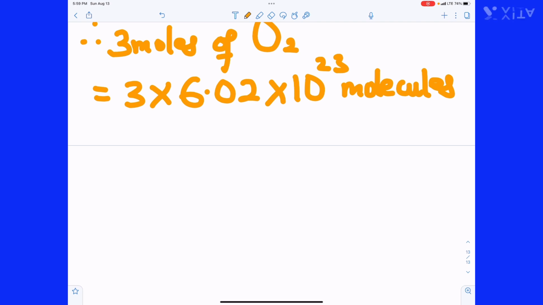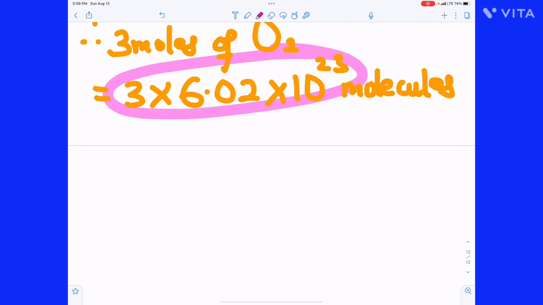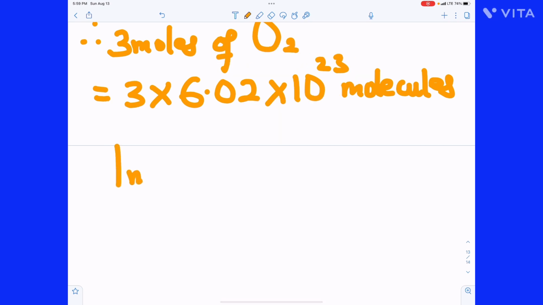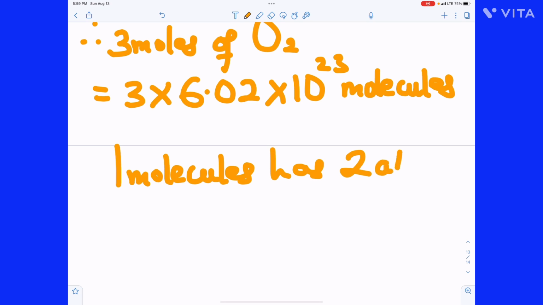This is the number of molecules of oxygen that you have. But one molecule has what? One molecule contains 2 atoms of oxygen.